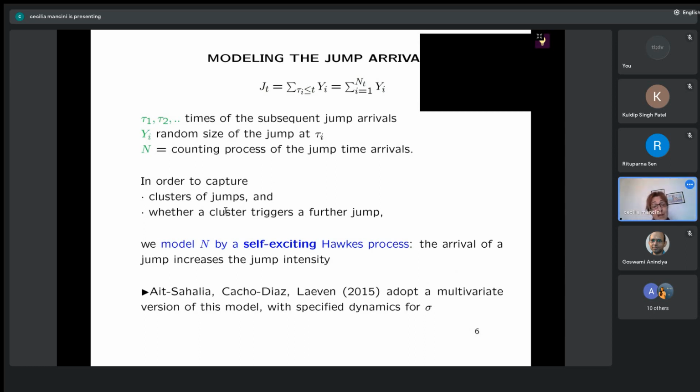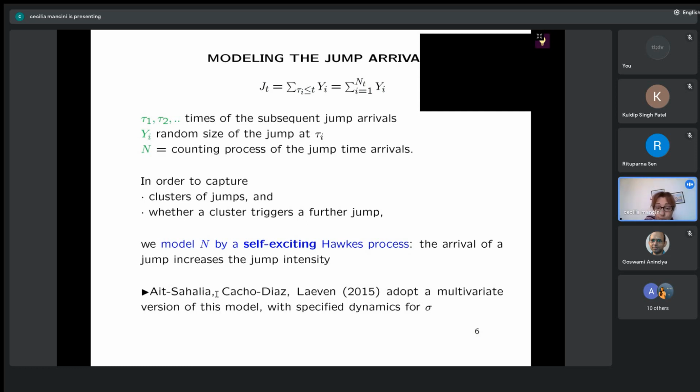In order to capture clusters of jumps and whether a cluster is going to generate a further jump, we use a Hawkes process for N, where the arrival of each jump increases the jump intensity, thus increases the probability of the occurrence of further jumps.